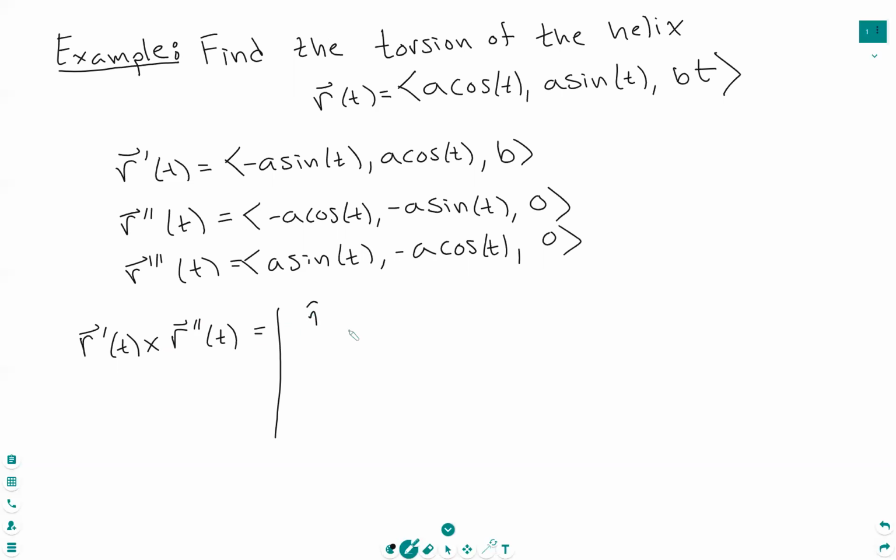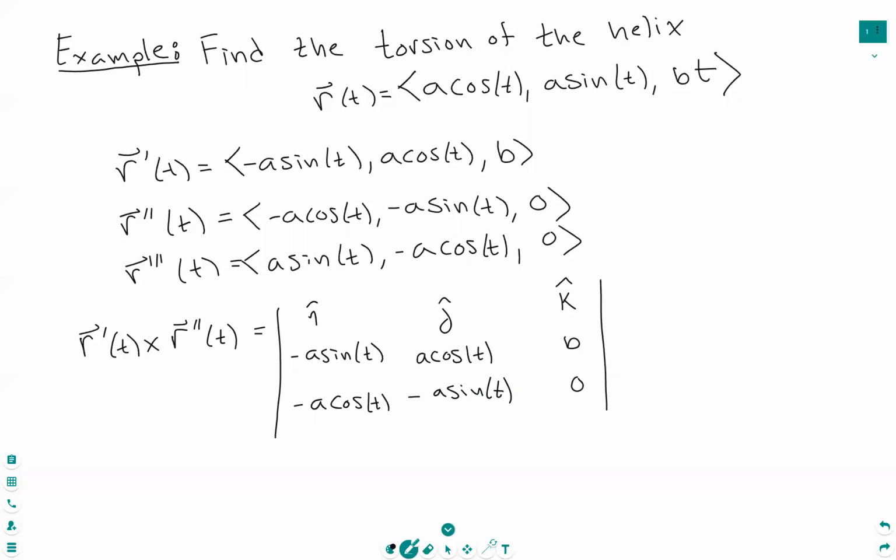So this is our i hat with negative a sine of t, negative a cosine of t, j hat, a cosine of t, negative a sine of t, and then k hat, which is our b times our 0.